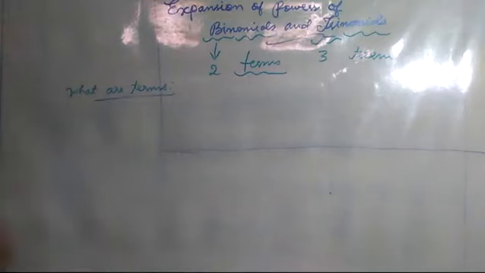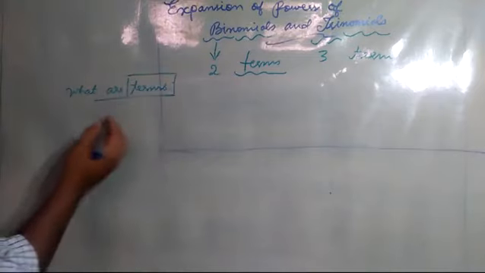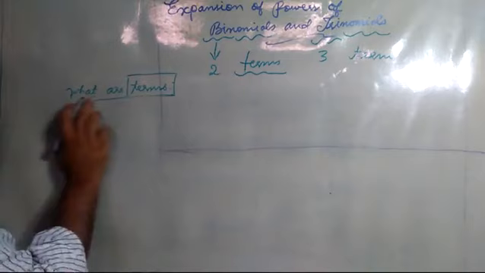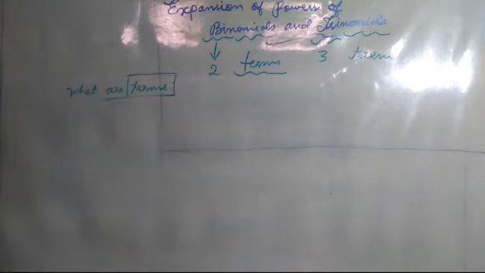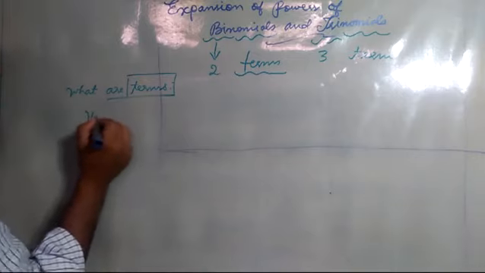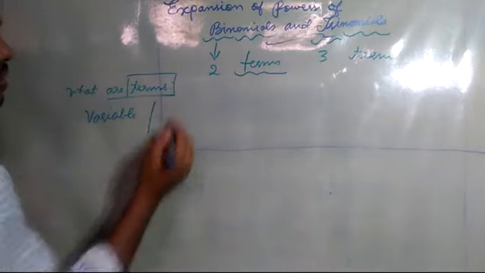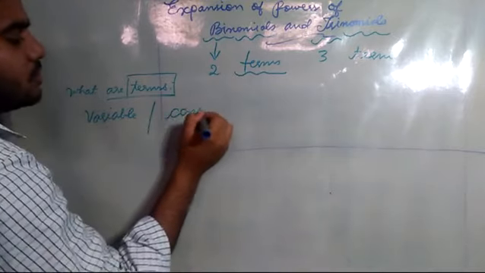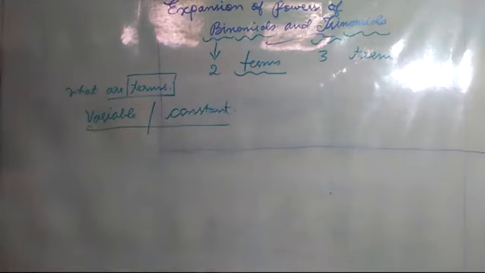So, before understanding these terms, I would also like to take you back to 8th class and ask you what is variables and what is constants. These two terms you must have read, and I hope all of you may be remembering.